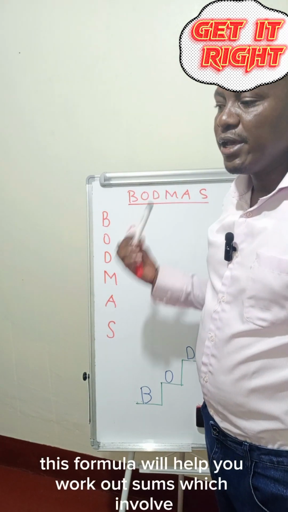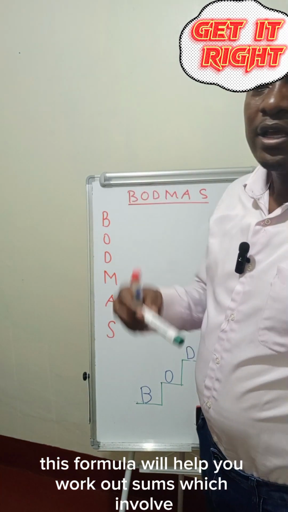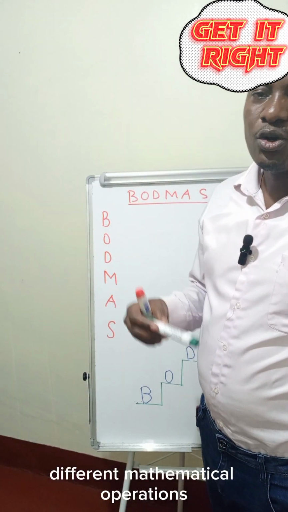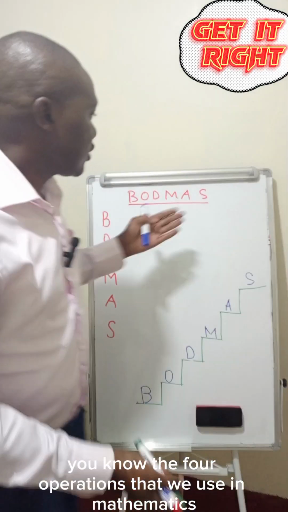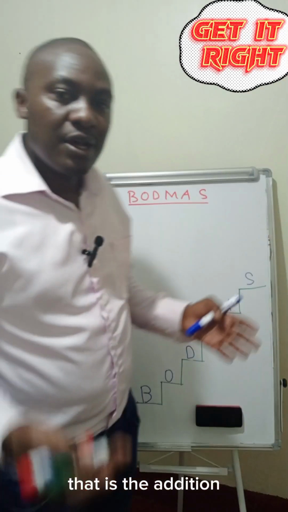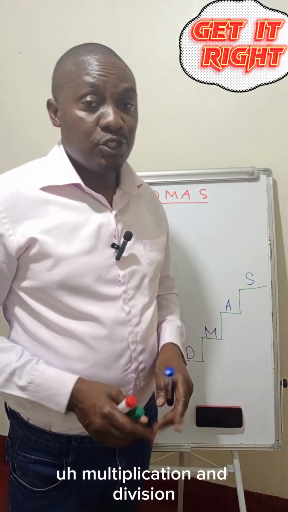This formula will help you work out sums which involve different mathematical operations. You know the four operations that we use in mathematics, that is the addition, subtraction, multiplication, and division.